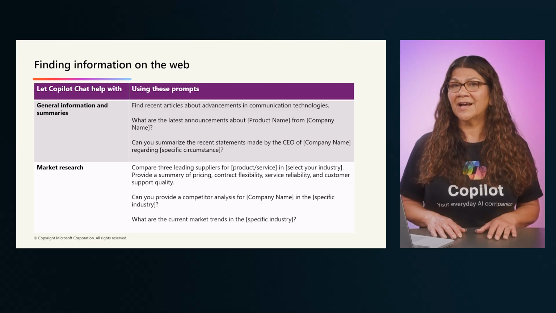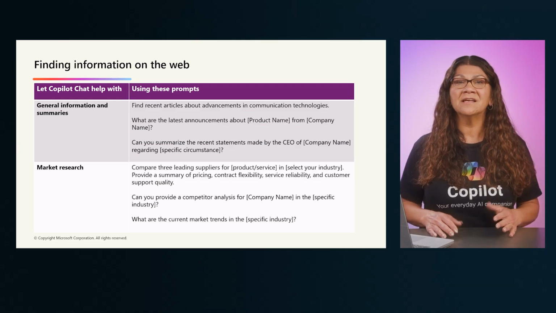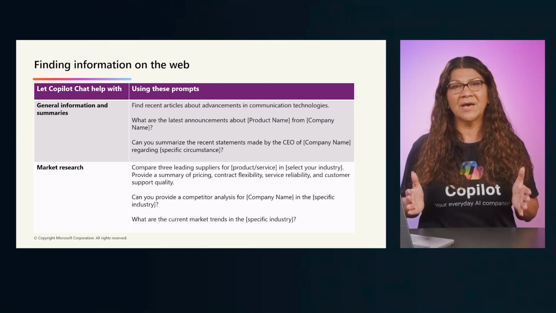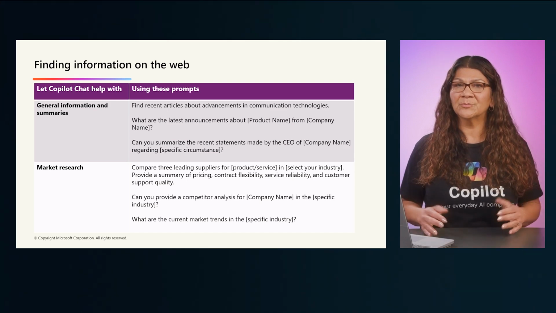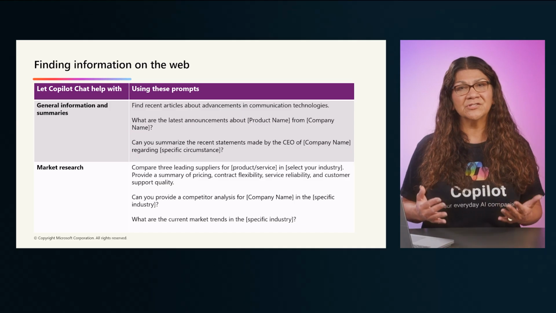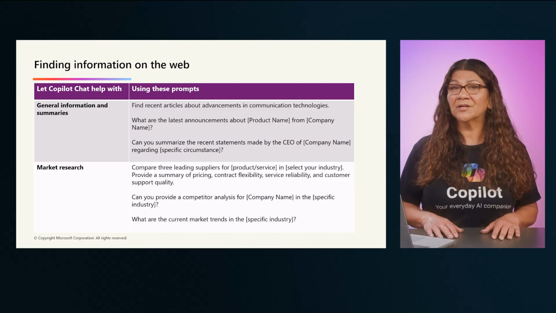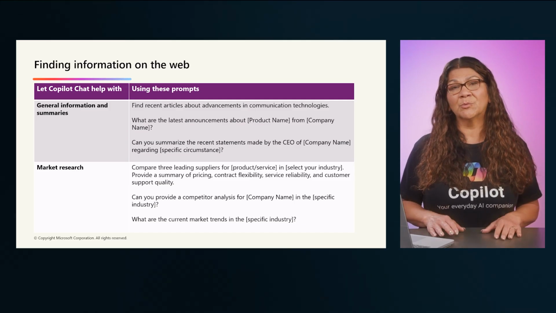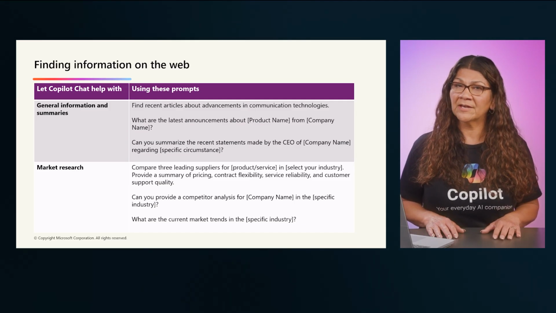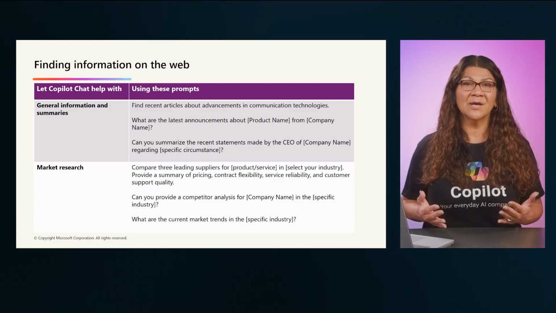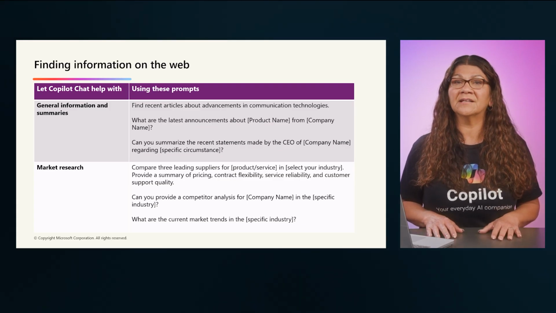Market research highlights how Copilot Chat can scan the web to gather competitor insights, compare suppliers, and surface emerging trends in your industry. Whether you're analyzing market shifts, comparing pricing models, or preparing a strategic briefing, Copilot Chat can assemble the information quickly and cleanly.